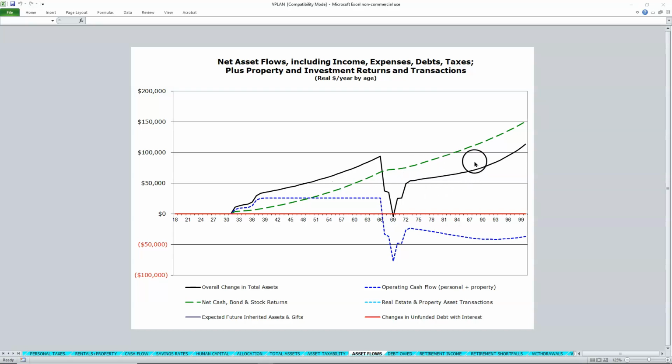And the black solid line is the overall change in net assets, which combines operating cash flow with net investment returns. For this couple, their total assets are projected to increase in every year except 1 year when their cash flow drawdown is the greatest just before their Social Security retirement payments begin. Next, we will click and view the blue tab Debt Owed graphic.